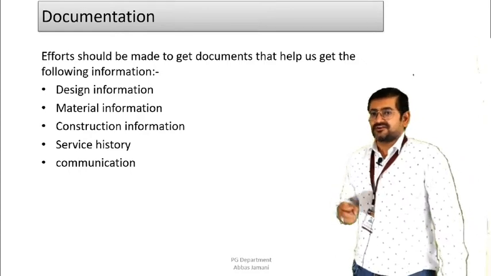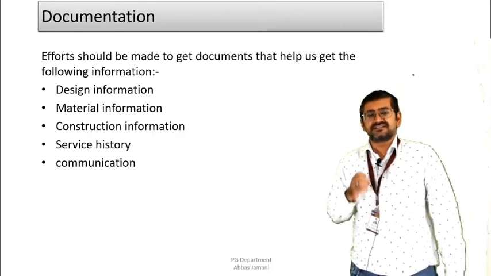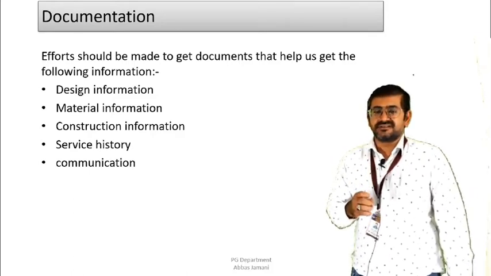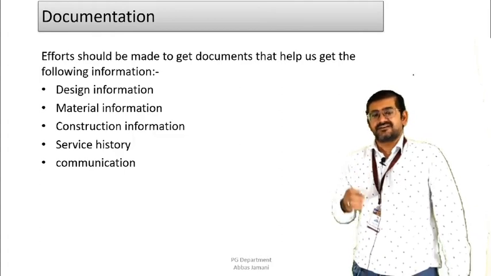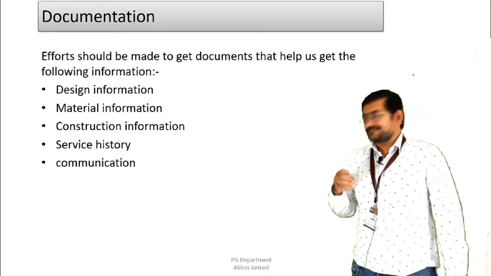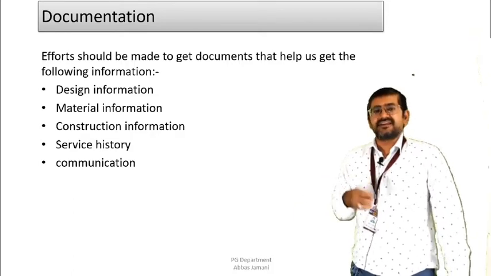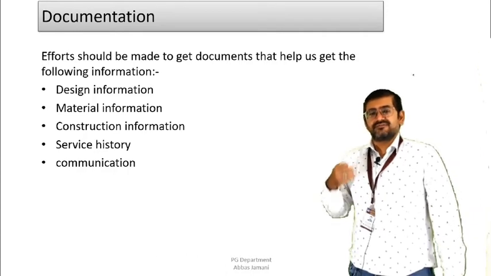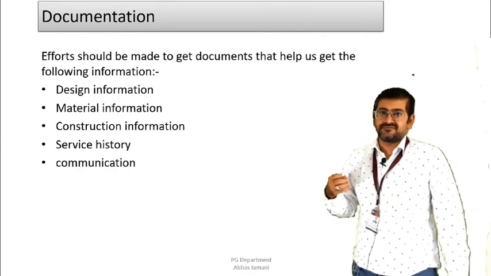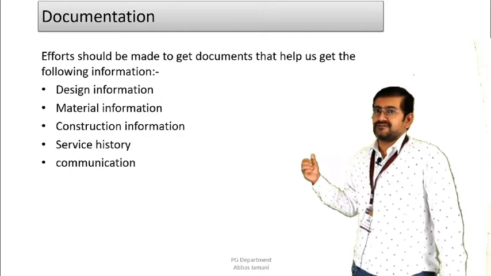When you talk about design information, it is about collecting as much information as possible in terms of drawings, that is design drawings, detailed drawings, fabrication drawings. Then if form drawings are there, concrete placing drawings are there, and if any particular shape is to be achieved, then what is the engineering drawing prepared for that particular shape? All these documents are to be collected under the category of design information.